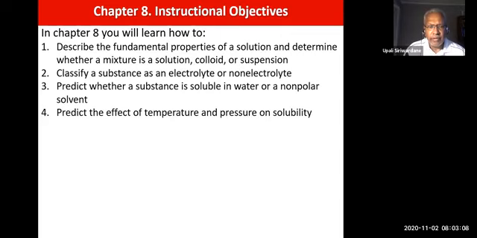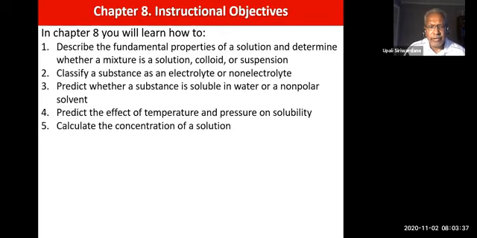Then we're going to predict temperature and pressure effects on solubility. Temperature has an effect depending on whether the reaction is exothermic or endothermic. Pressure only has an effect on the solubility of gases. We're going to talk about that in terms of Henry's law.